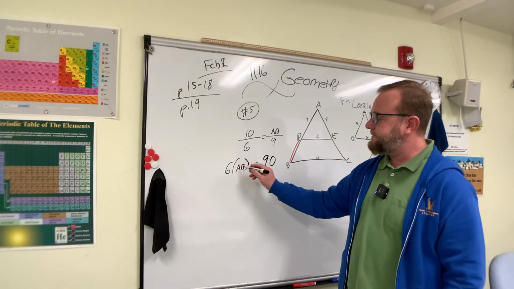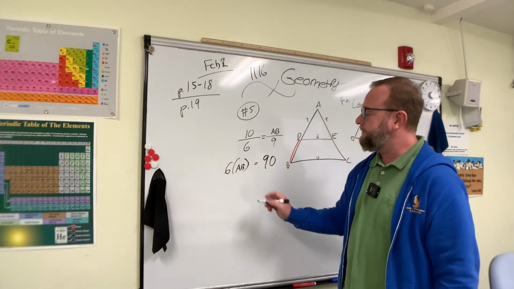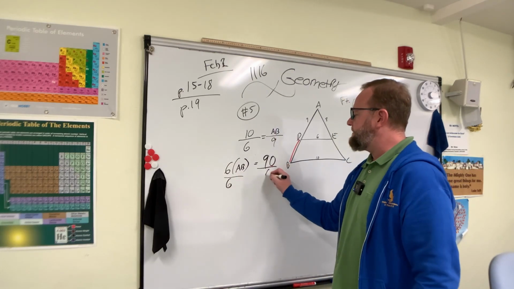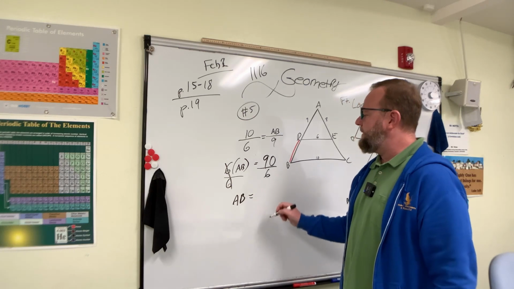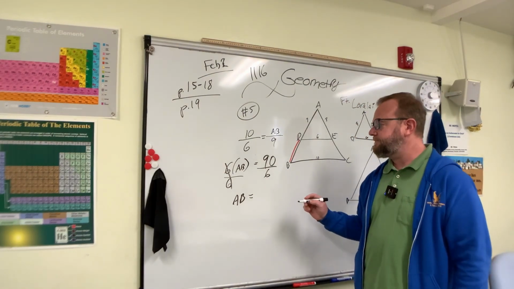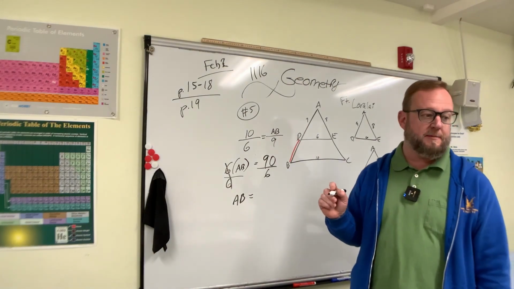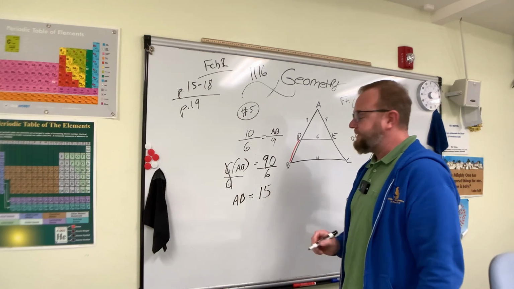Now I have 6x, or unknown, equals 90. So I need to divide both sides by 6 to get rid of the 6. And side AB is 6 goes into 90 how many times? 15. Am I done? Is that my answer?